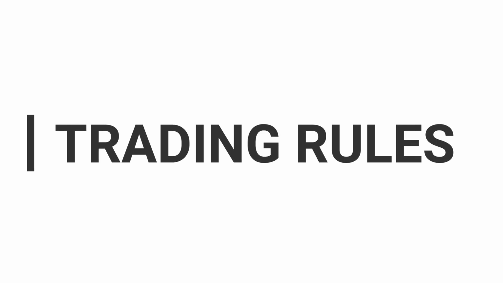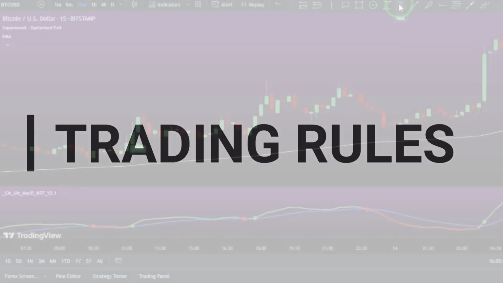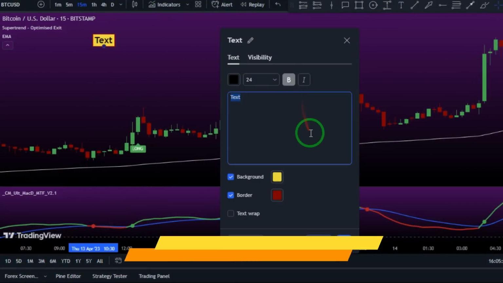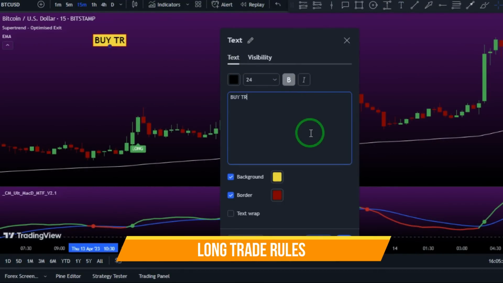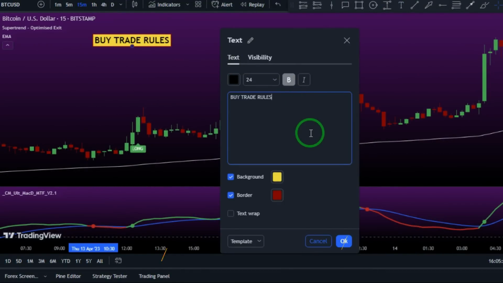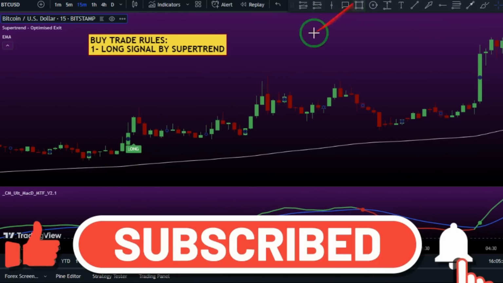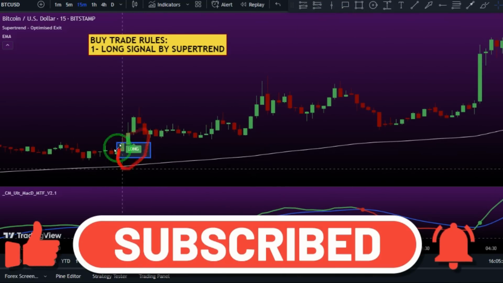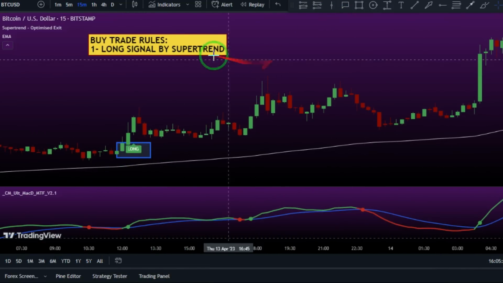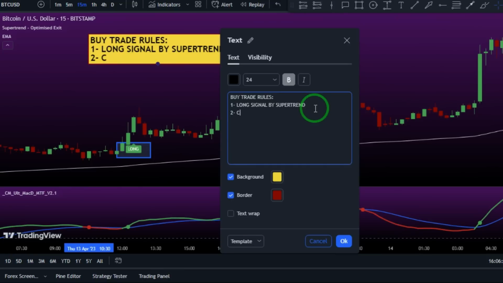Alright, to get the most win rate from this strategy, you gotta follow this exact method and rules I'm about to lay out. For a long entry, first wait for a long signal from the Supertrend indicator. Then check if the CMACD indicator confirms the signal by showing a green dot.